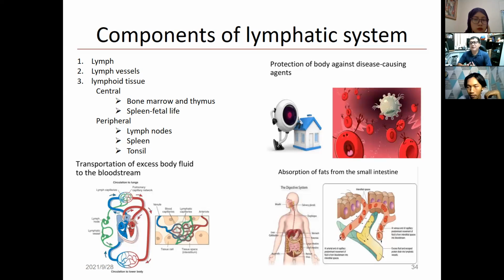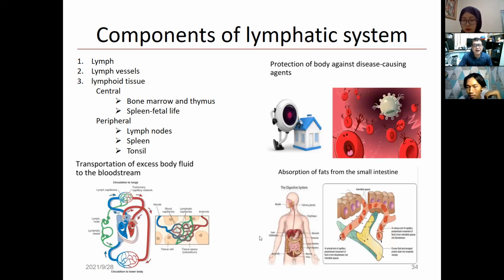Lymph nodes function as a filter for those cancer cells, antigens, or toxic substances. In there, T cells and macrophages will eat and digest them. So they act as filters and protect our body, preventing pathogens or tumor cells from migrating into distant organs or tissues.